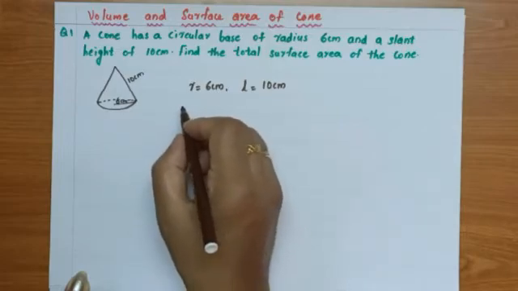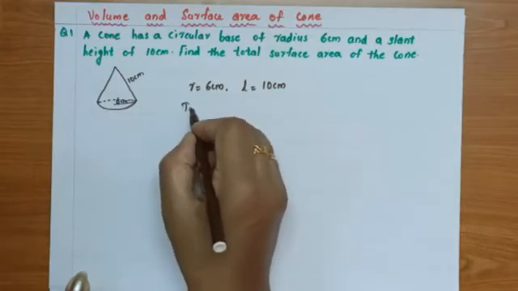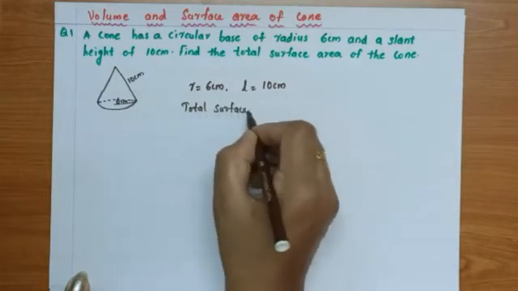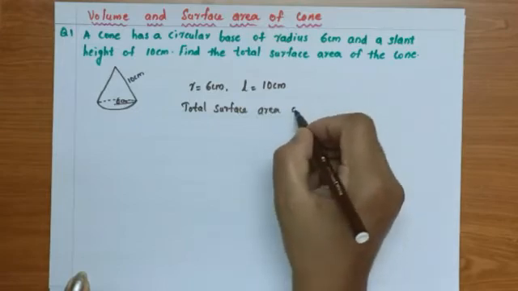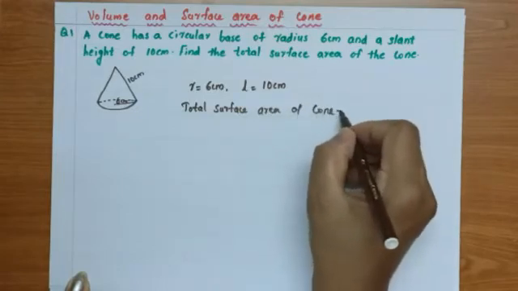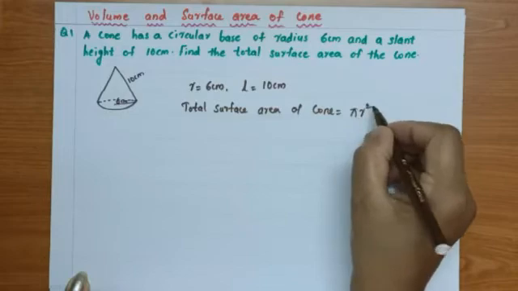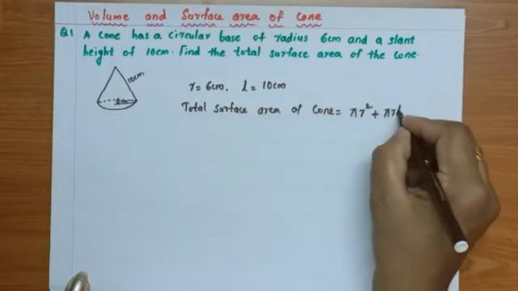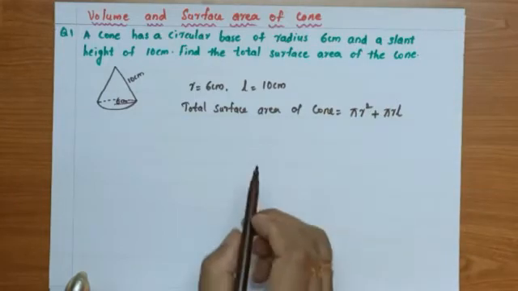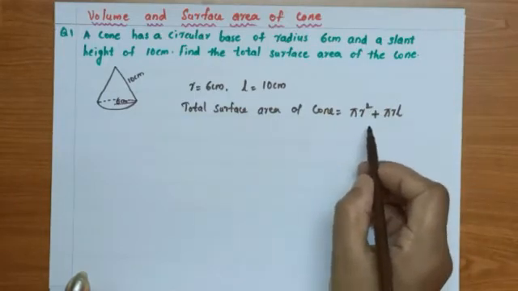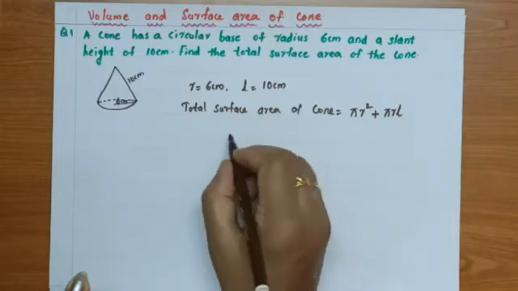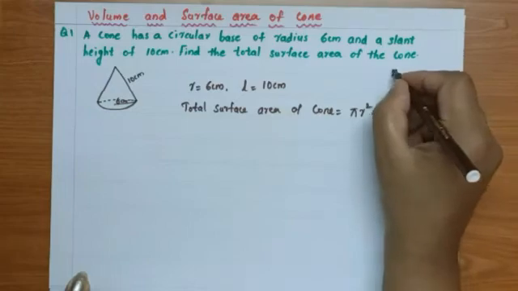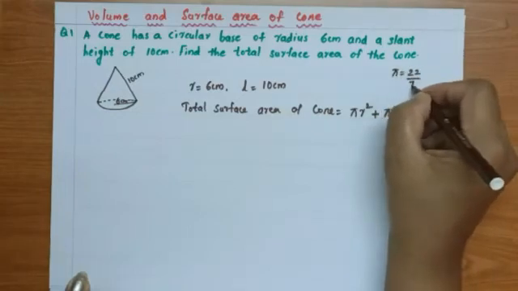Total surface area of the cone equals pi r square, that means the area of the base, plus pi r l, that is the area of the curved surface. So the total surface area of the cone equals pi r square plus pi r l. For pi, you can use the value 22/7 or 3.142.